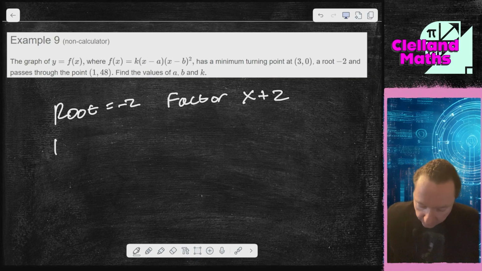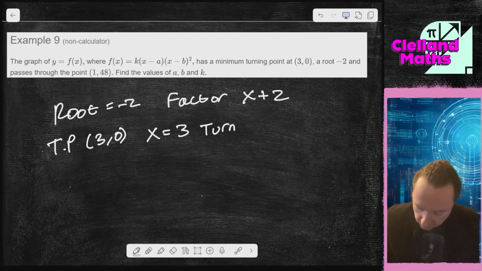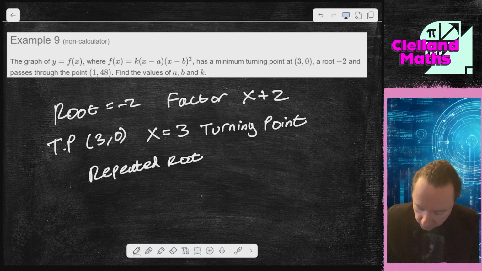We've got a turning point, TP I'll call it, at 3, 0. In other words, when x equals 3 is a turning point, but we've got a repeated root, which means that that is a turning point.